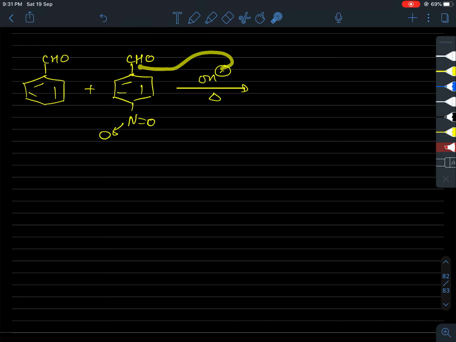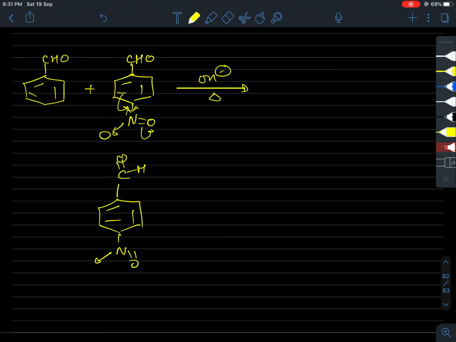Now if you see here, there is a role of this withdrawing group. NO2 is a very powerful electron withdrawing group, and you know that it can withdraw the pi electron from the ring, and subsequently it will generate a positive charge. So that ring is better when it comes to the attack of OH minus.